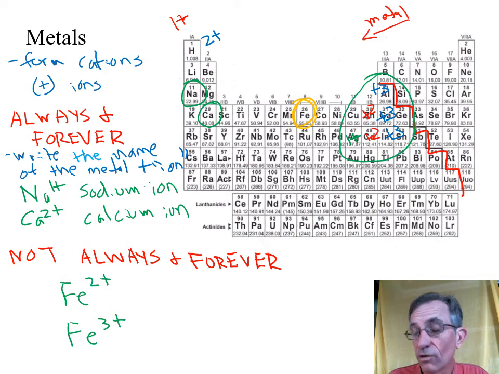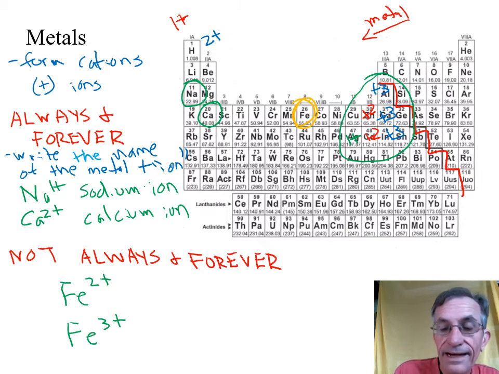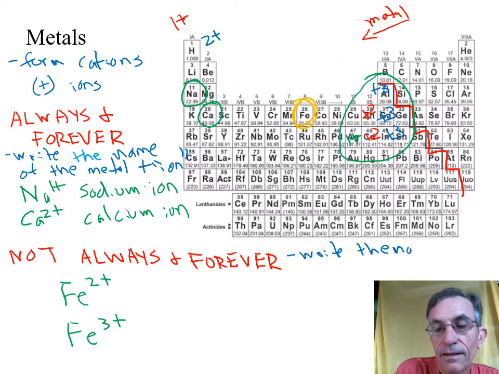So if you don't always do the same thing, I'm talking about anybody who's not an always and forever, the way I name you is I write the name of the metal, and then I also have to put the Roman numeral of its charge.